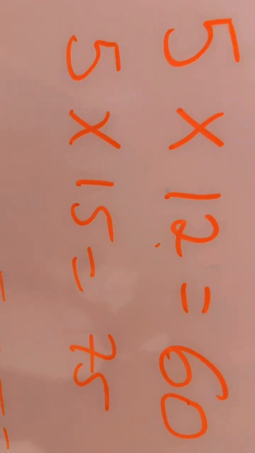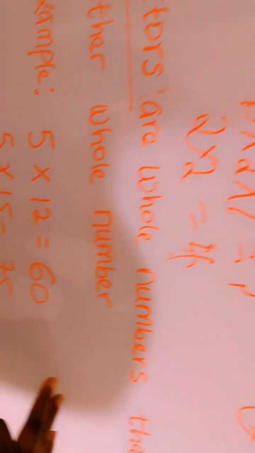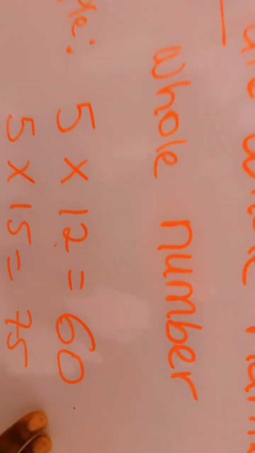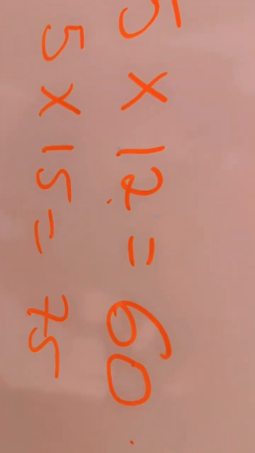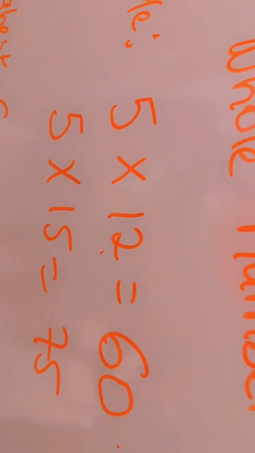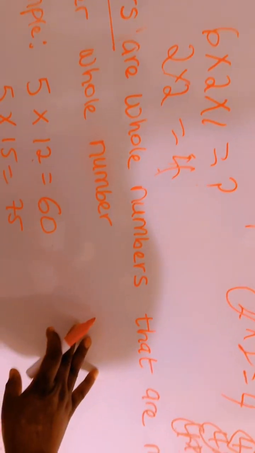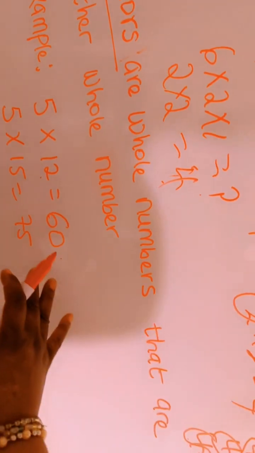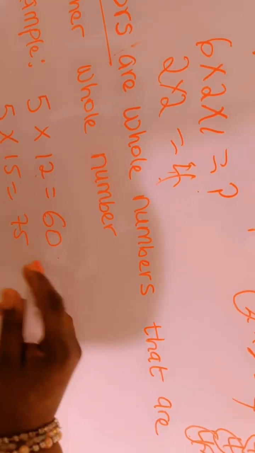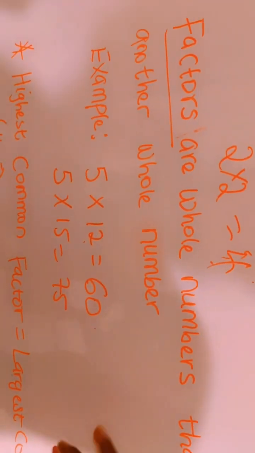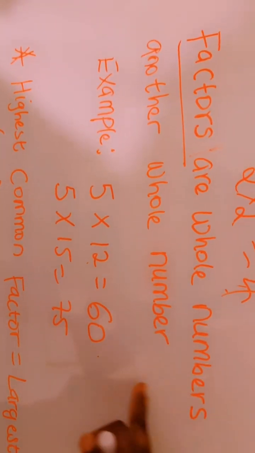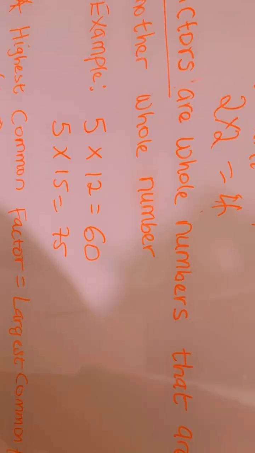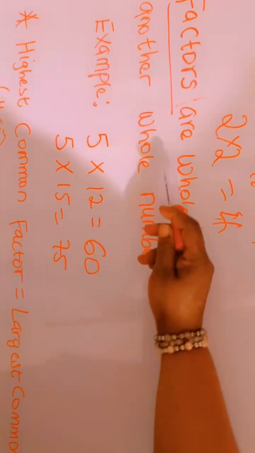So, in other words, what I'm trying to explain to you here is that when you have one whole number, whatever numbers can multiply themselves to get that number are the factors of the number. So this is just like a vice versa of multiples.